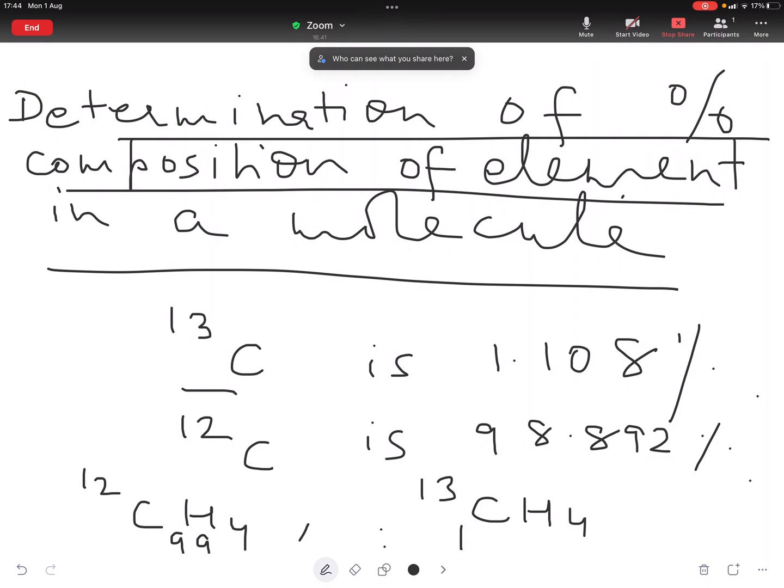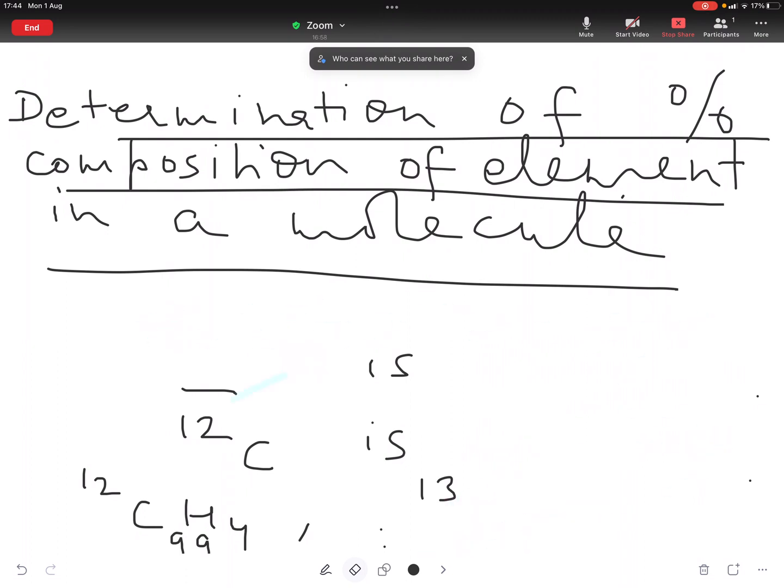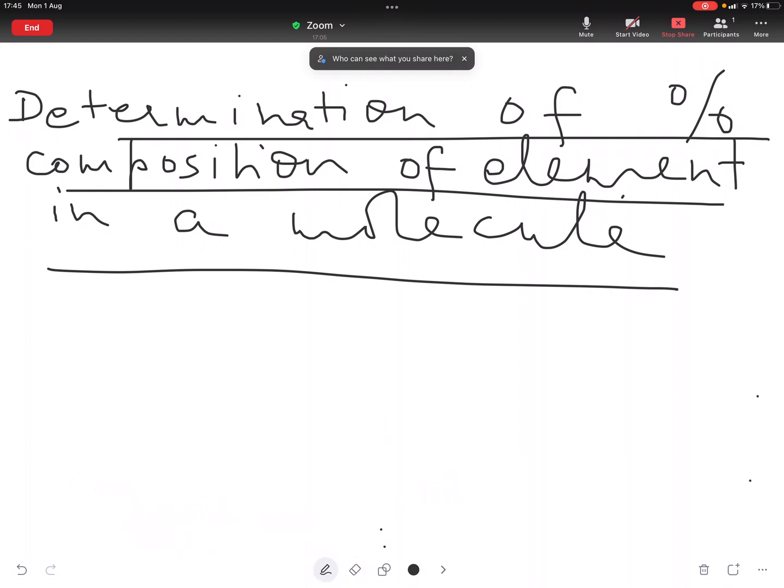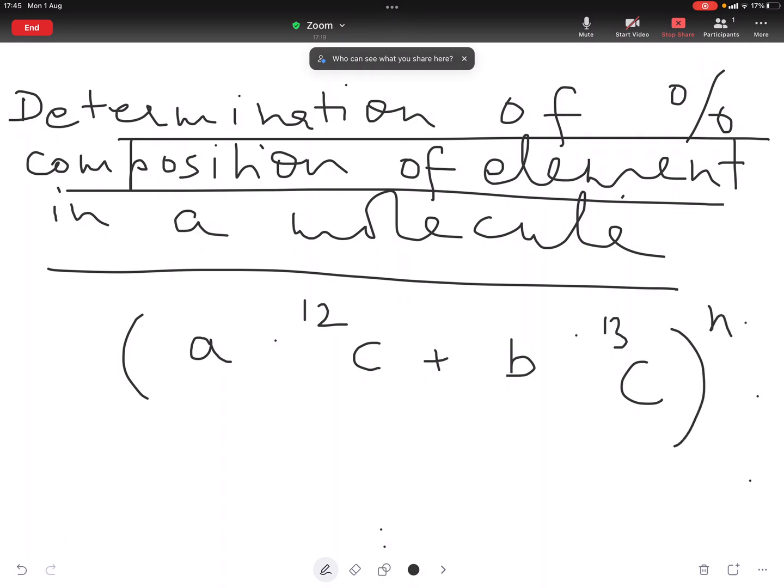When more than one carbon atom is present in an ion, the probability of any one of these atoms being 13 carbon is found by using a binomial expression. This is the binomial expression.